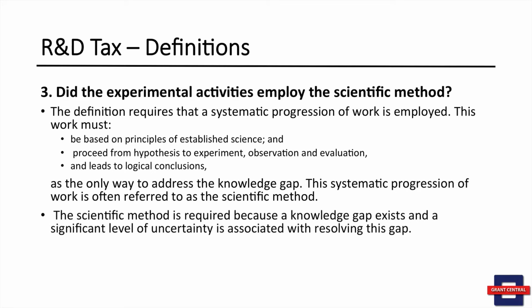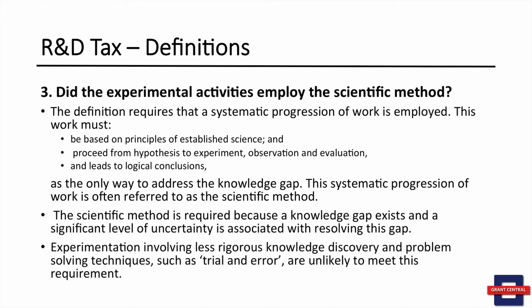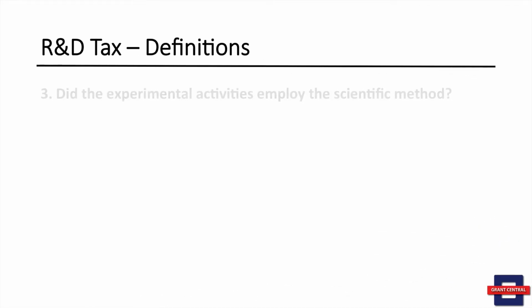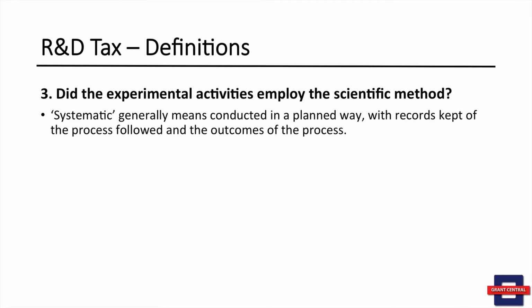Scientific method is required because a knowledge gap exists and a significant level of uncertainty associated with resolving this gap. Experimentation involving less rigorous knowledge discovery and problem-solving techniques, such as trial and error, are unlikely to meet this requirement. Systematic generally means conducted in a planned way, with records kept of the process followed and the outcomes of the process.